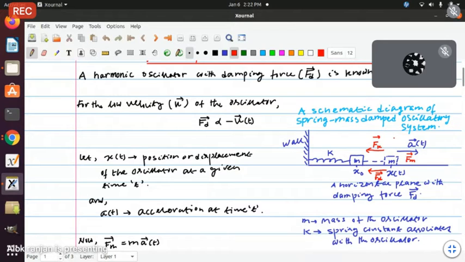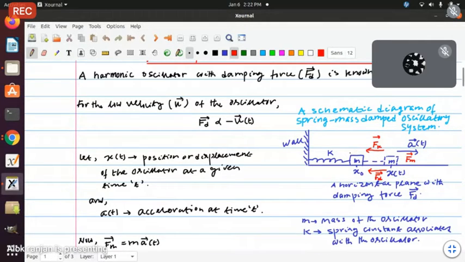Yes, sir. Okay, thank you. As I said in the last class, we have to convert to a mathematical statement, and then find a solution, which could be your displacement, velocity, acceleration, and so on.